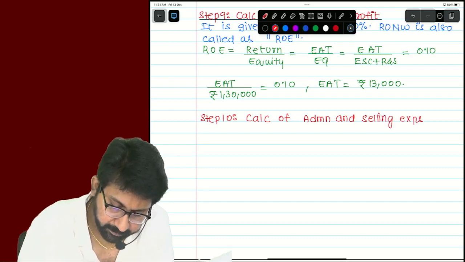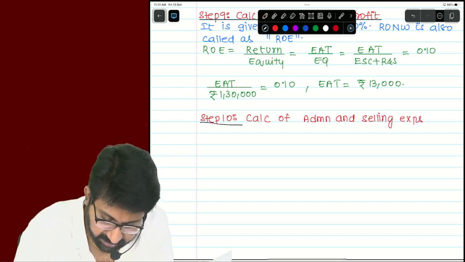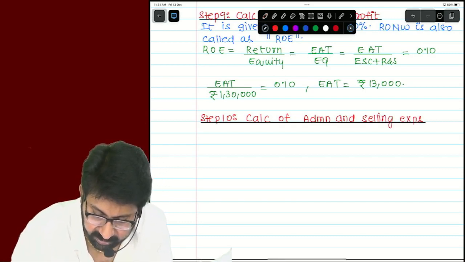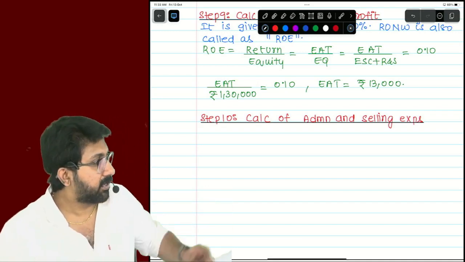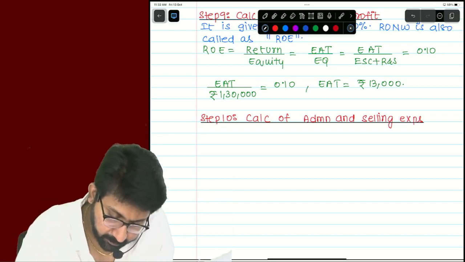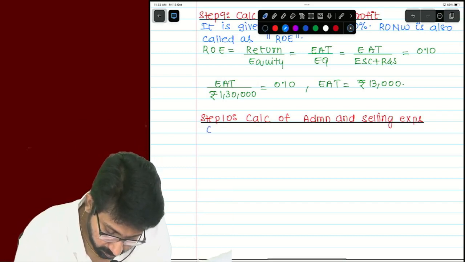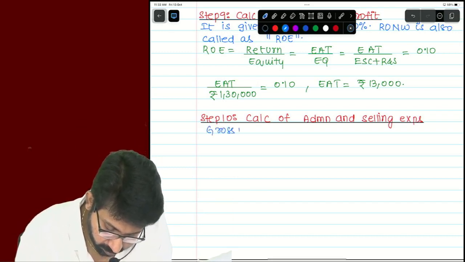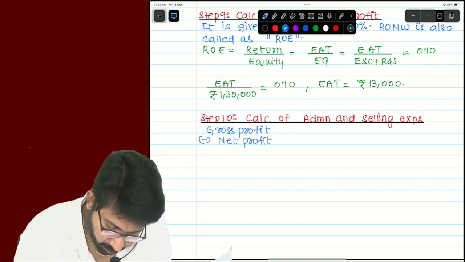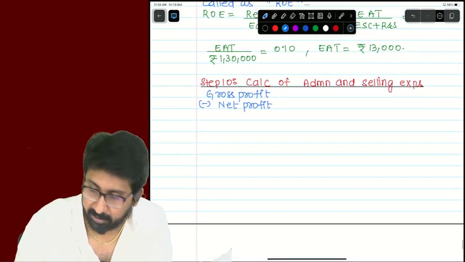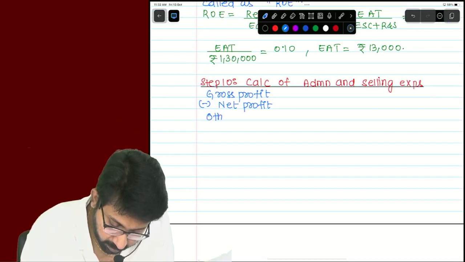Do it. Gross profit minus net profit will be other expenses.